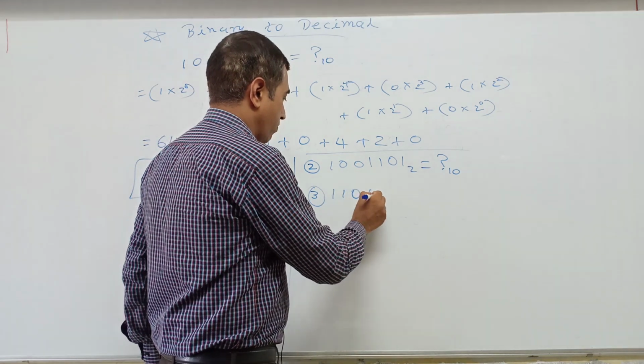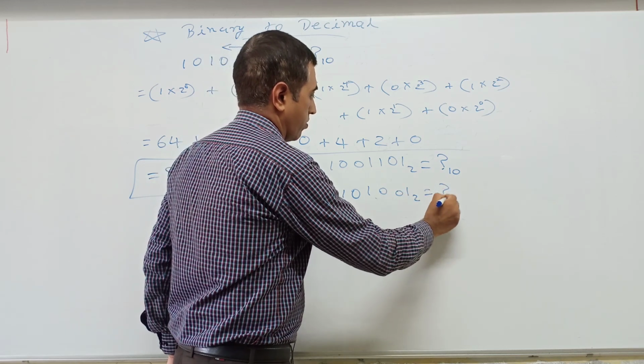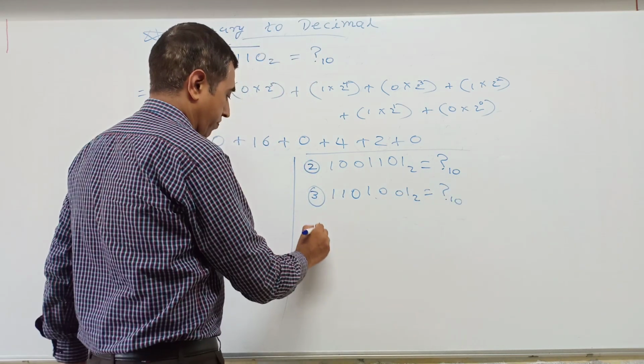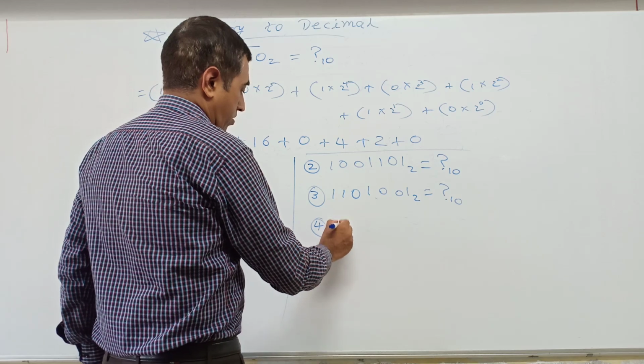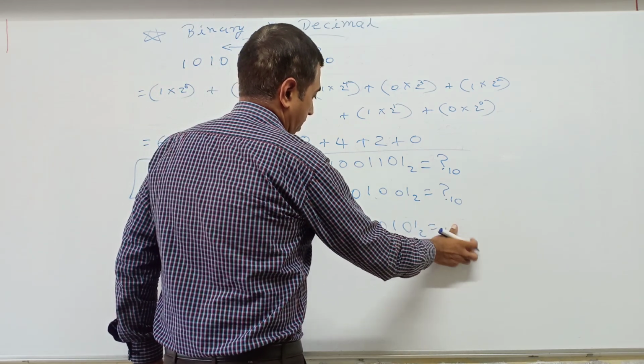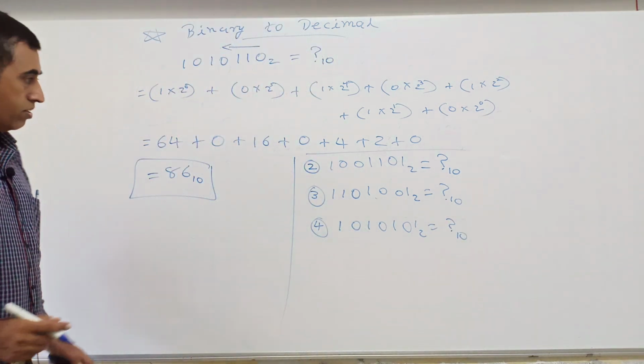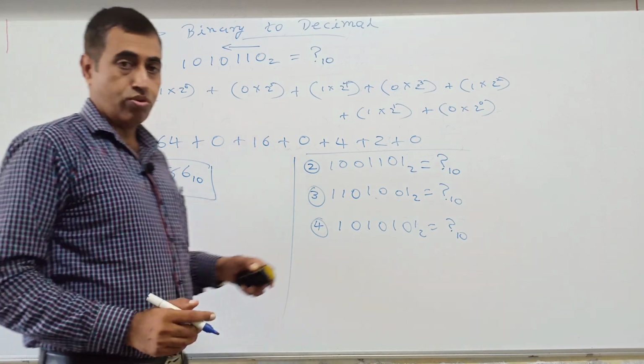One 001 from binary to decimal, and the third one 101001 decimal conversion. So these three you have to do on your own.